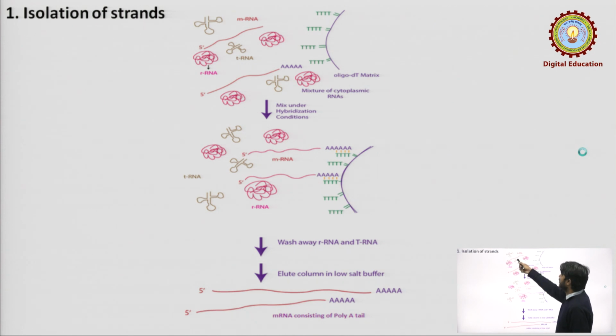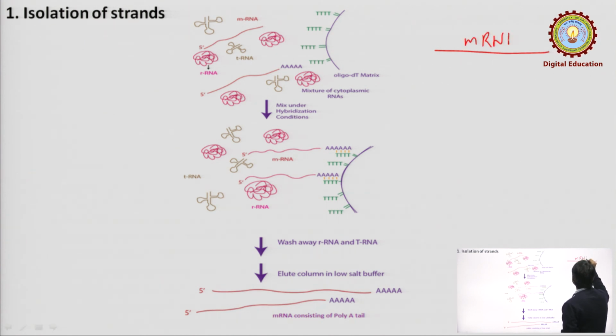So this is the shape of tRNA, this is rRNA, and this is messenger RNA. If this is a messenger RNA, it should have two ends, the 5' end and the 3' end.